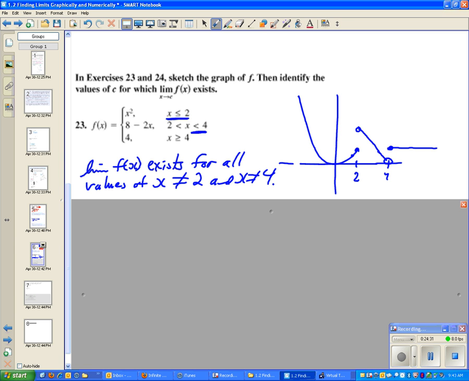Oh, wait a minute. My graph of the line's not right. Who'd I listen to tell me to put that graph up high? That's the graph of the line. When x equals 2? 8 minus 2 times 2 is 4.